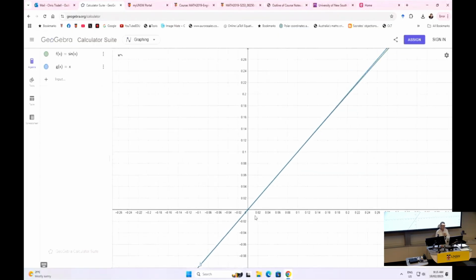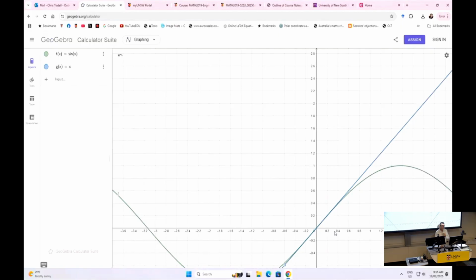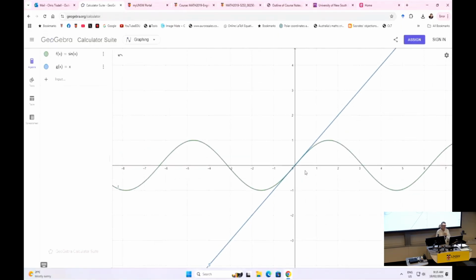Okay. Now, what else is going on there? The blue line looks like it's tangent to the curve. Okay? And this is a more general thing. We can use tangent lines to approximate crazy functions and crazy graphs. That's the key thing here. We can use tangent lines, because tangent lines are simple linear expressions, to approximate nonlinear things.